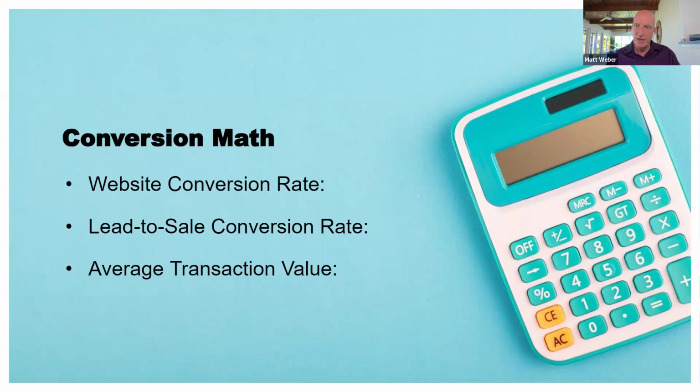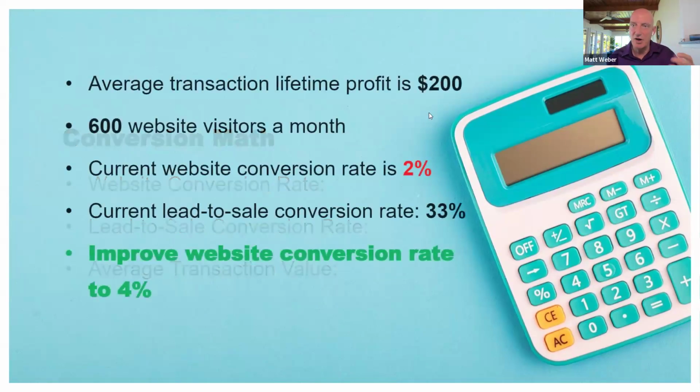And then the third thing, which again is the hardest, is what is your average transaction value, or some businesses will express it as an average lifetime value. Now watch as we put these three numbers together, we can demonstrate what a huge impact that conversion math can have on your profitability.